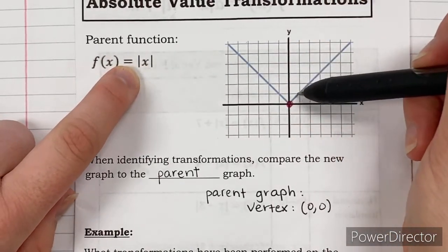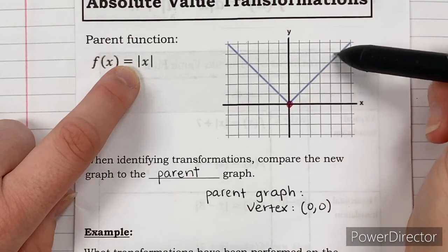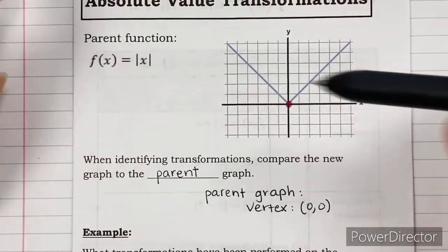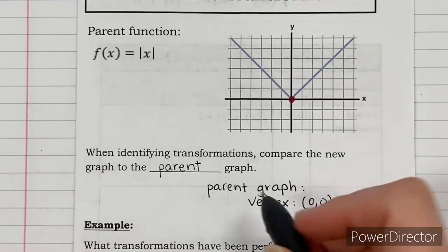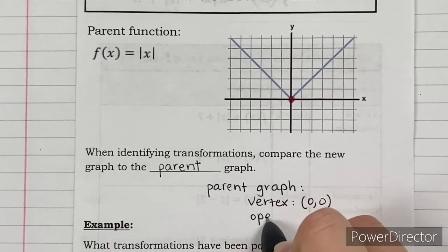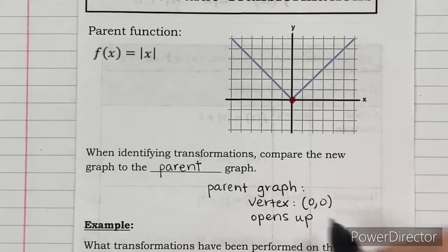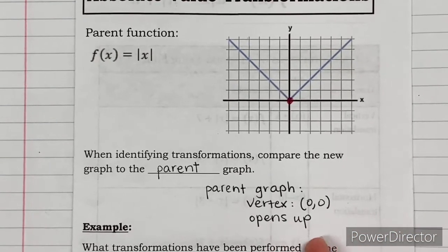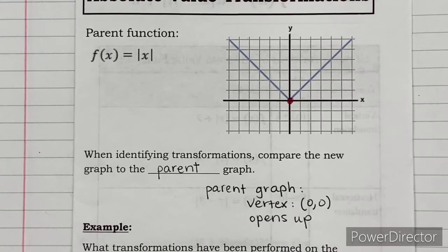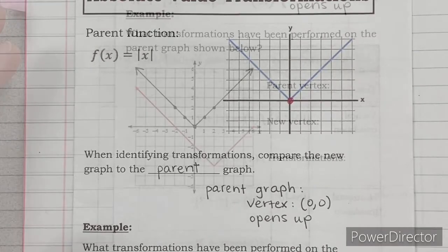So that's why this graph goes up 1, right 1 on the right-hand side, and then it was just the mirror image to get the left-hand side. The graph always opens up. So those are just three things, which I didn't really write the slope part, but those are three things that always happen when we talk about the parent graph.